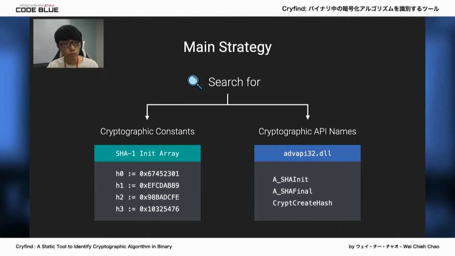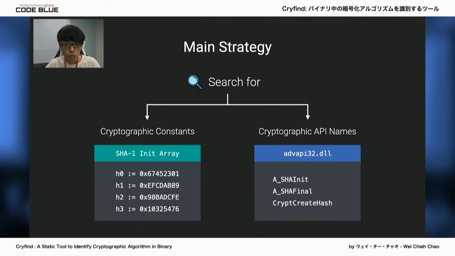Here's our main strategy. Below is an example of the SHA-1 initial array in the advapi32.dll library. Cryptography constants are often quite unique with few false positives. Therefore, they are strong evidence of the existence of a cryptography algorithm.